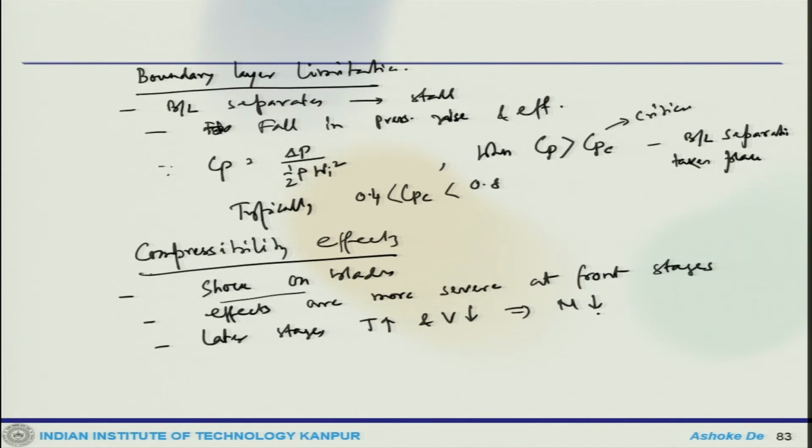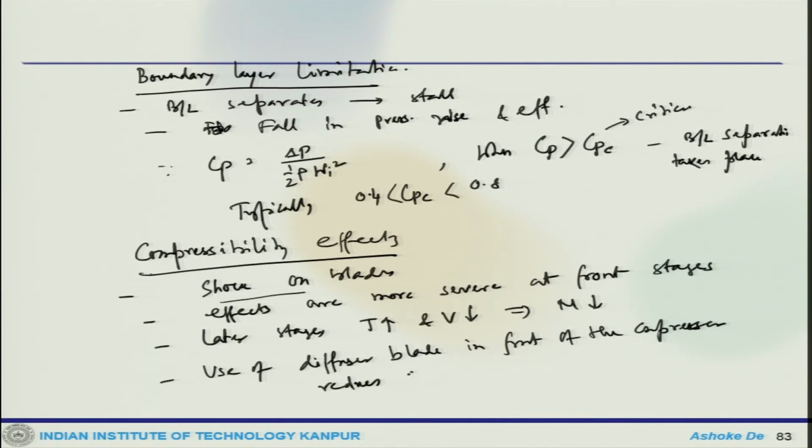So, use of diffuser blades in front of the compressor reduces some of the compressibility losses.